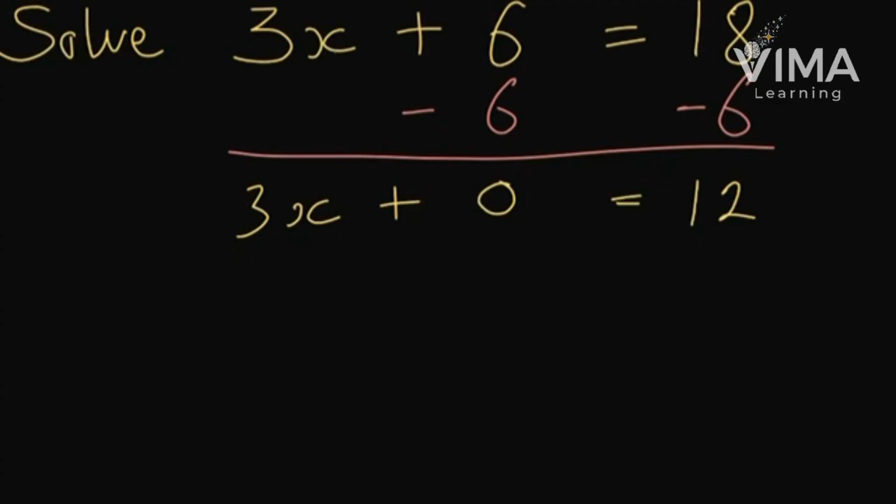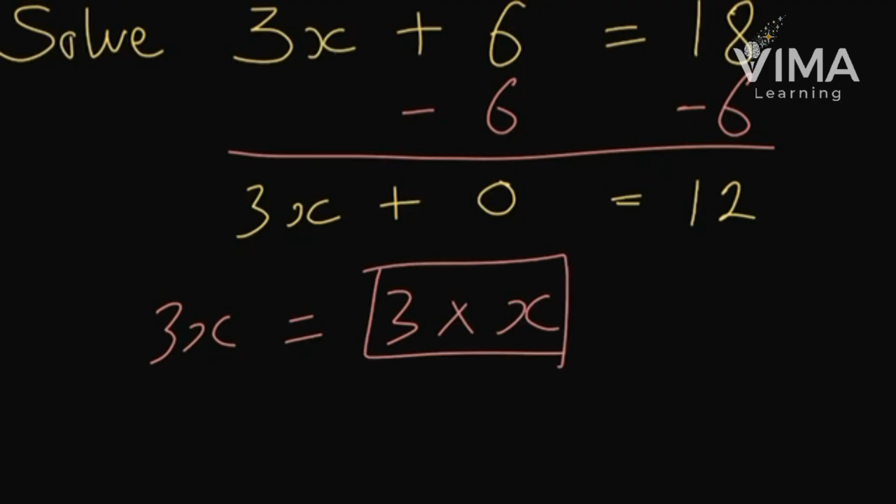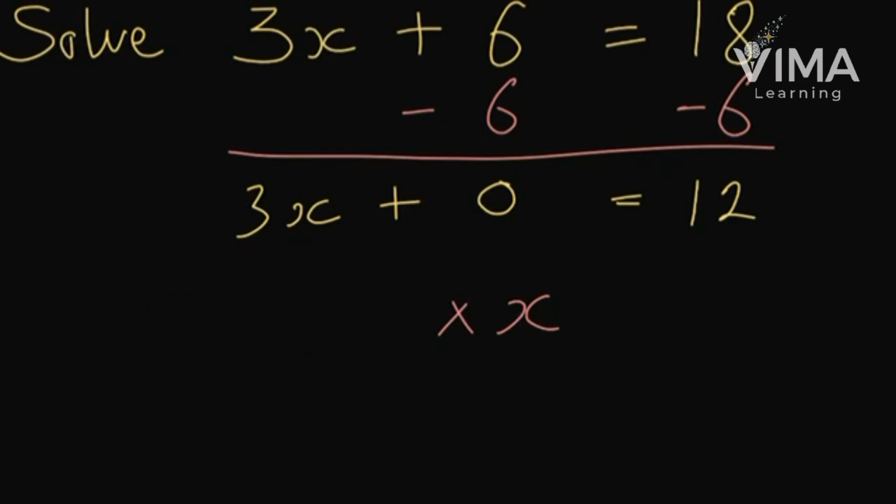You should understand that 3x simply means 3 times x. So we have 3 times x, and we need to undo whatever is attached to x. So how can we undo 3x?